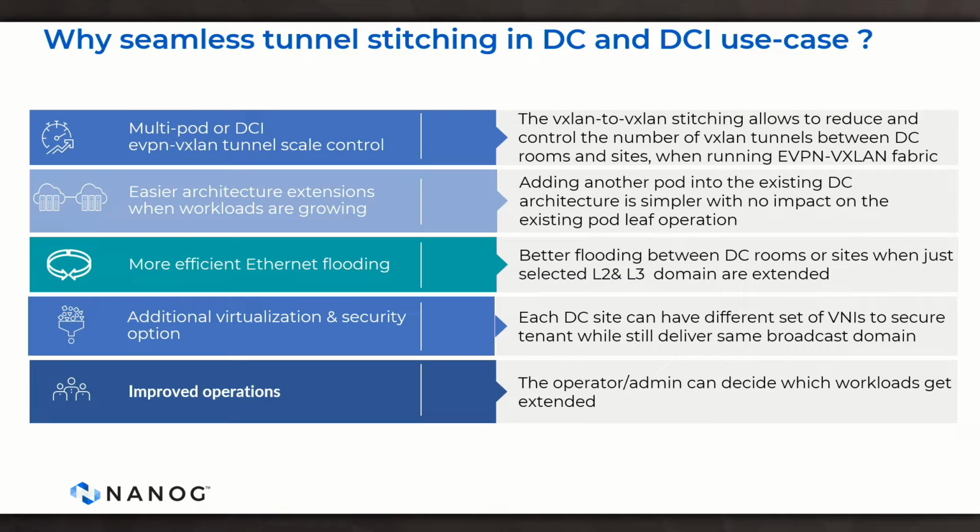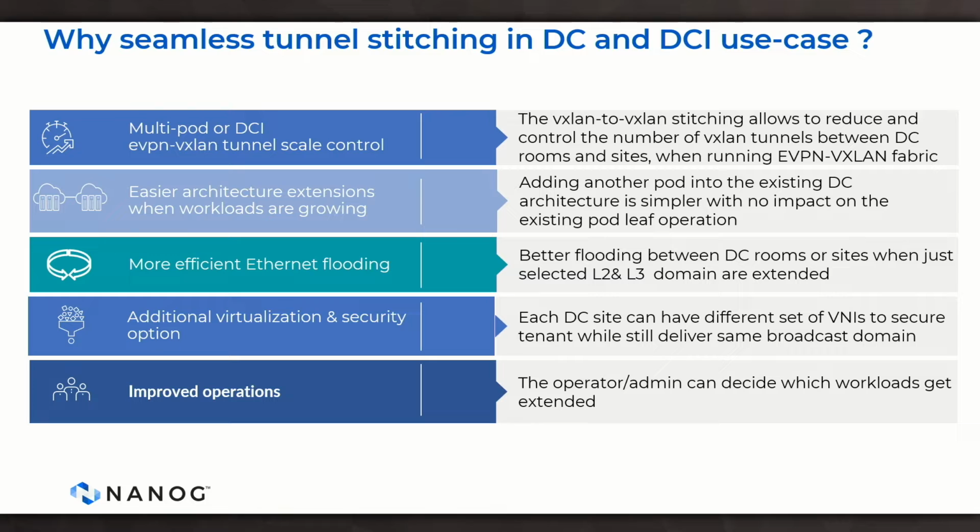With the new stitching solutions, which are now ratified at the IETF level in RFC 1914, we have tooling which helps us control that scaling at the edge of the fabric, at the DC gateway level, or at the border level. We'll go through different topologies and architectures where that RFC 1914 is applicable.